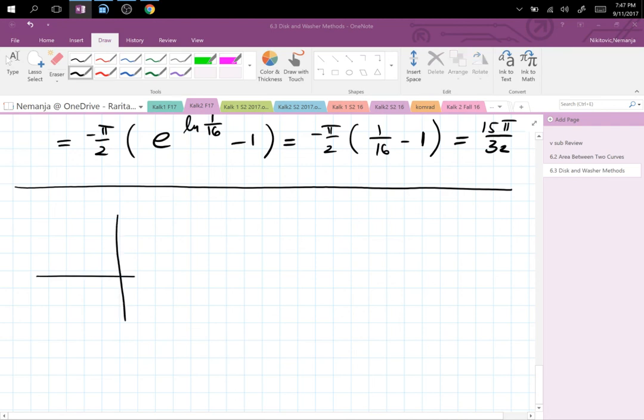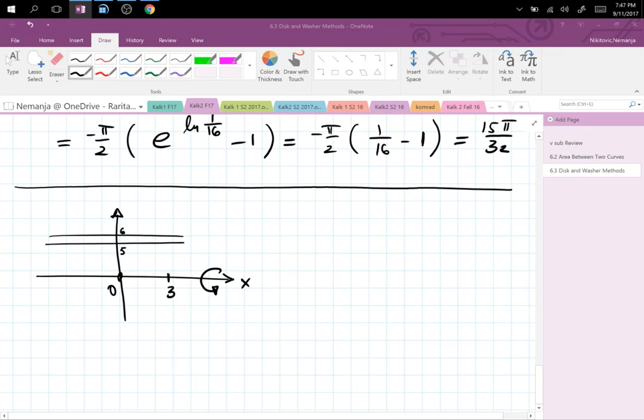So say I rotate two lines like this around the x-axis. If I rotate two lines around the x-axis, let's say these are the 5 and 6 lines, and let's rotate them from 0 to 3, whatever.